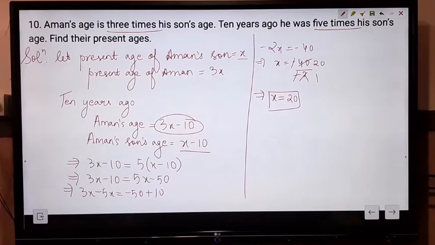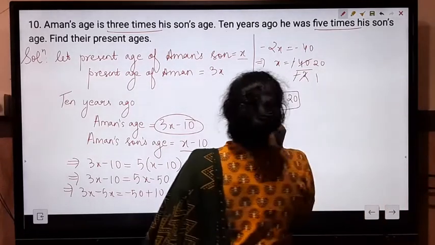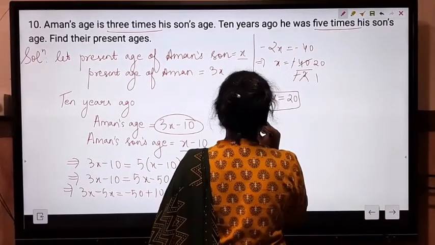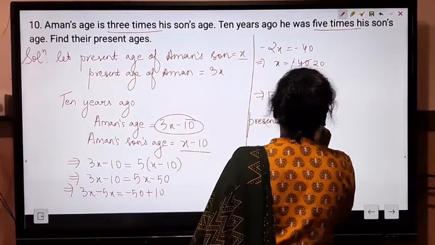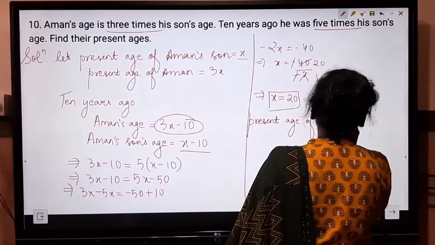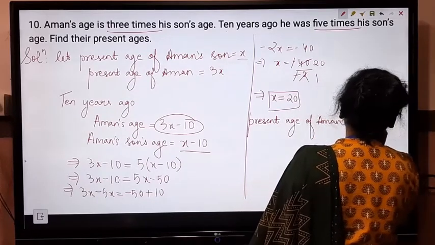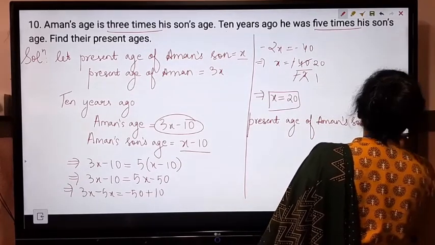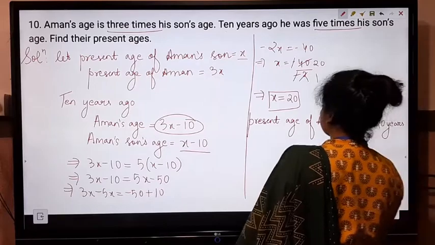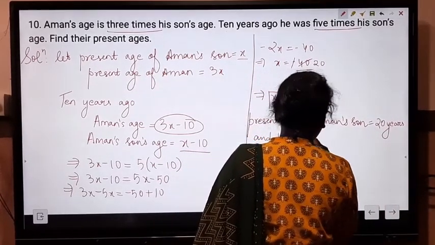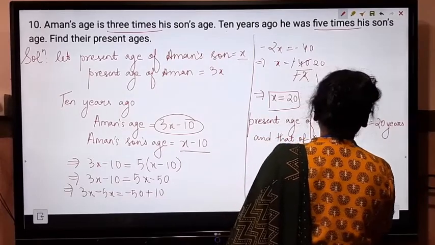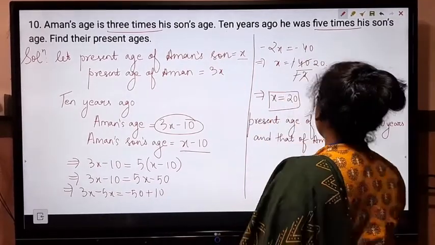Therefore, the present age of Aman's son equals to 20 years, and that of Aman equal to, Aman's age was 3 into x.